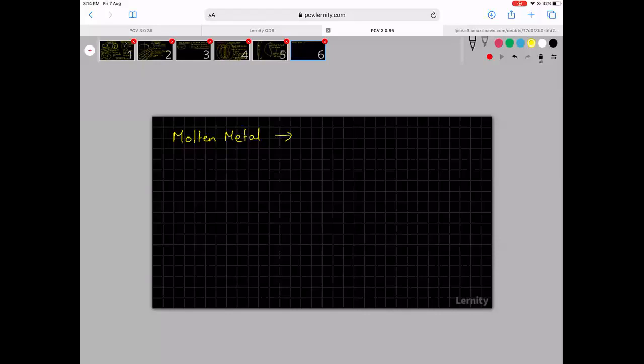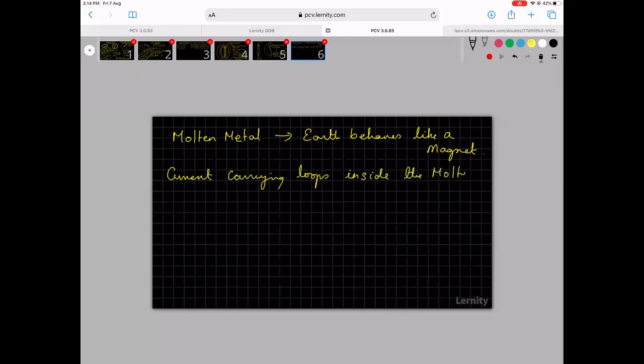It is because of those current carrying loops inside the molten magma that the Earth behaves like a magnet. We will look at this a little later.